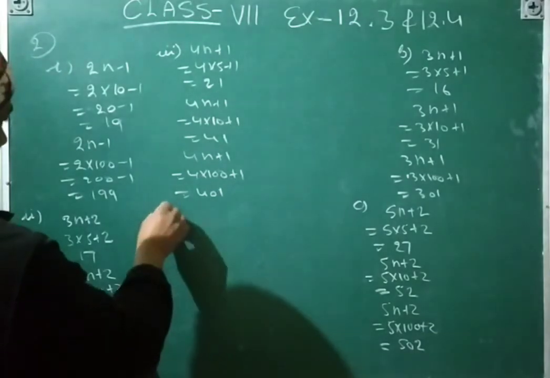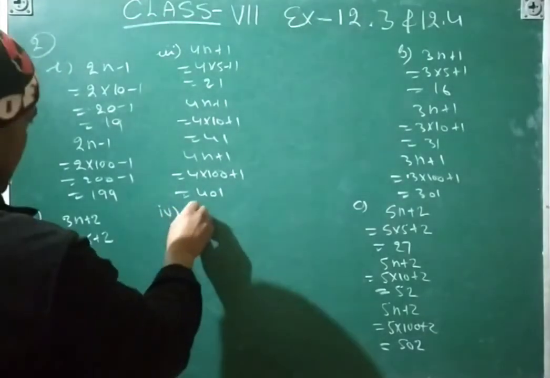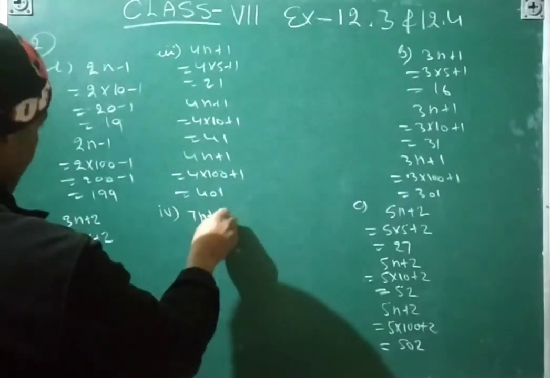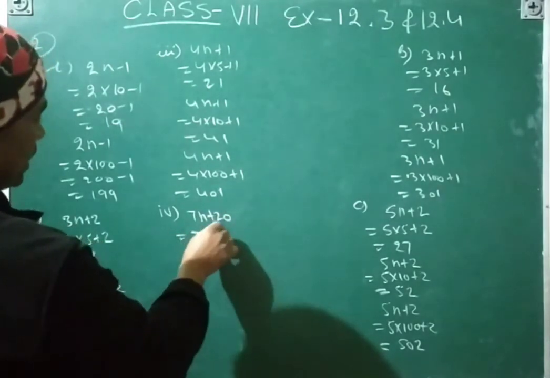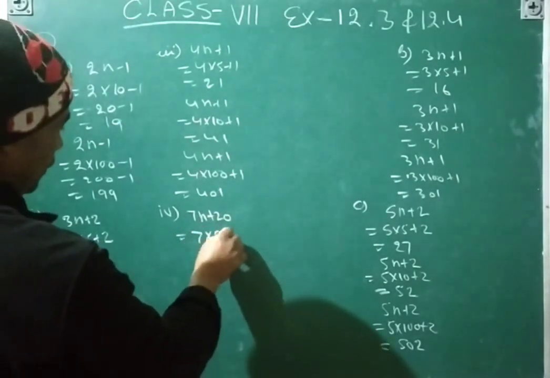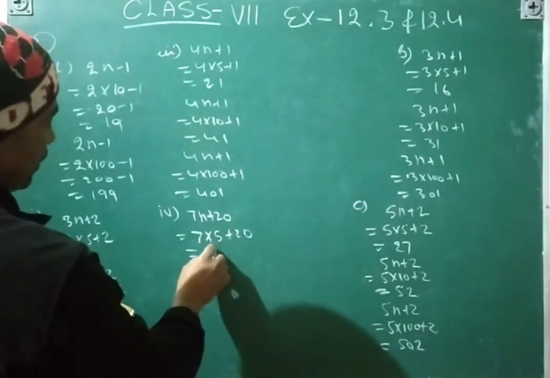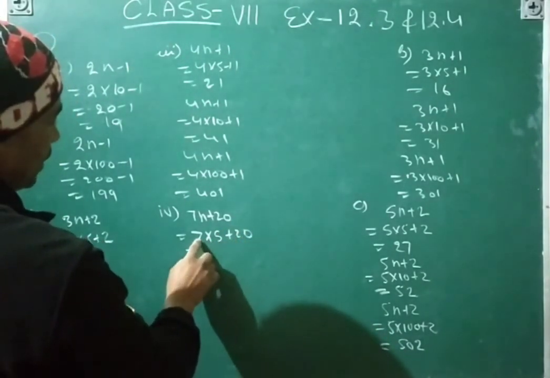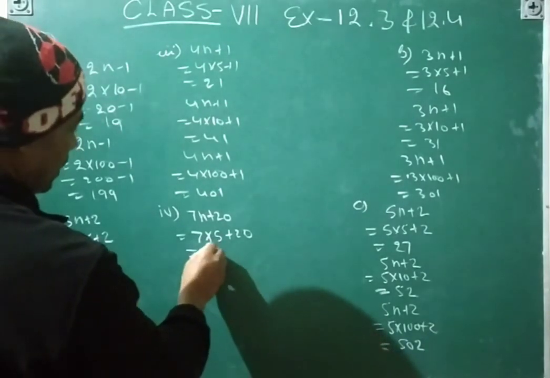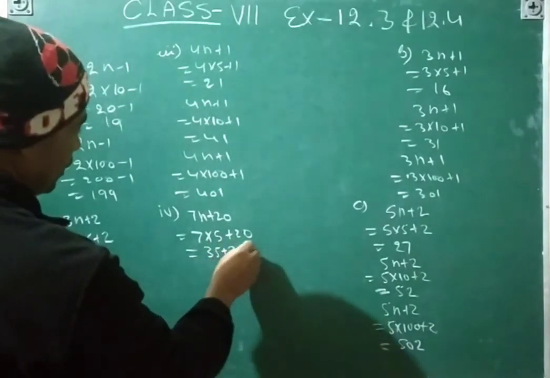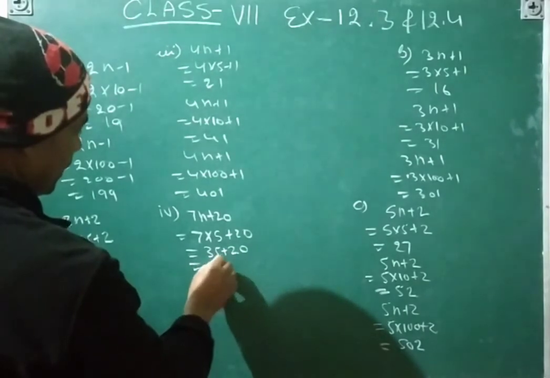The fourth part is 7n plus 20. Here also we will find it: 7 into 5 plus 20. 7 fives are 35, 35 plus 20 is equal to 55.